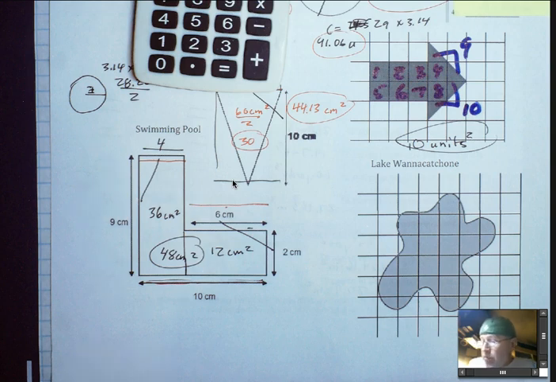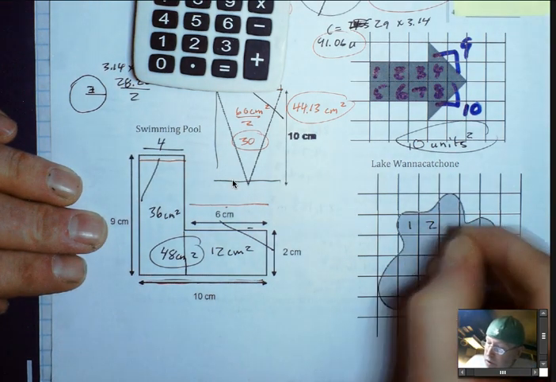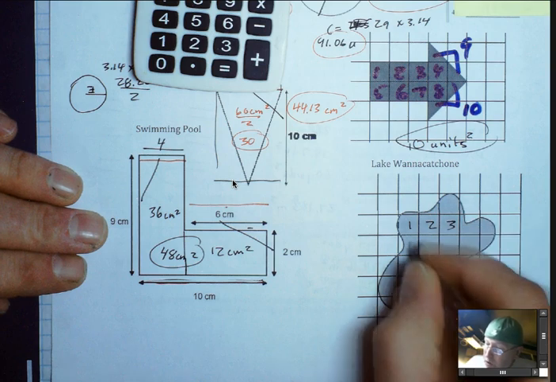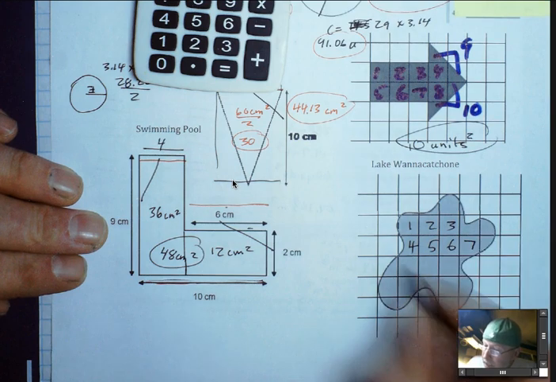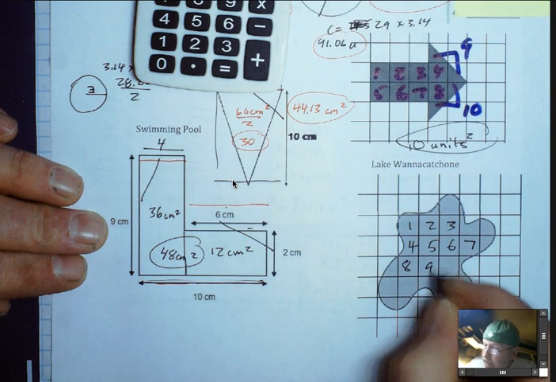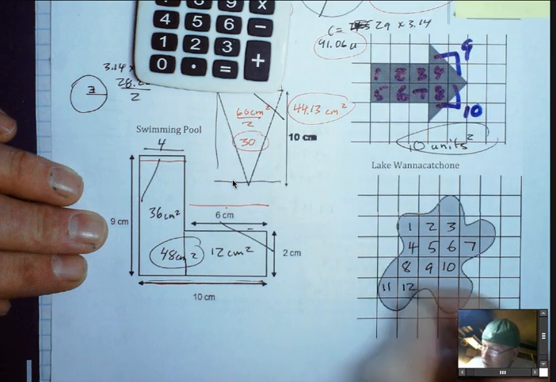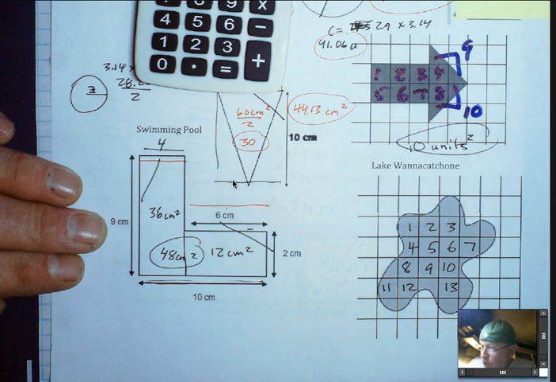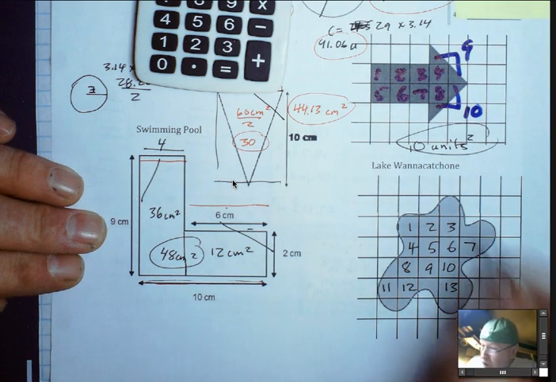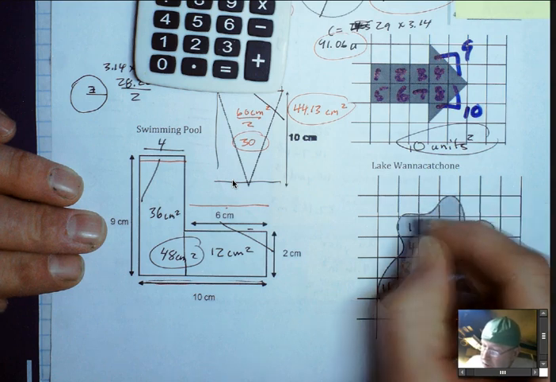All right, let me just number these guys out. I think I can do this in black. I got 1, 2, 3. This guy's almost whole, so we'll call it 4, 5, 6, 7. We've got 8, 9, 10, 11. This is almost 12, 13. 13 whole ones. Let's just call this whole thing up here 14.